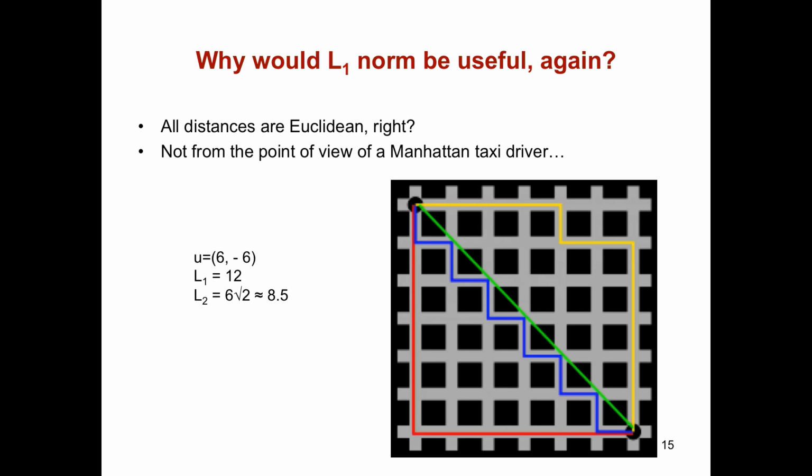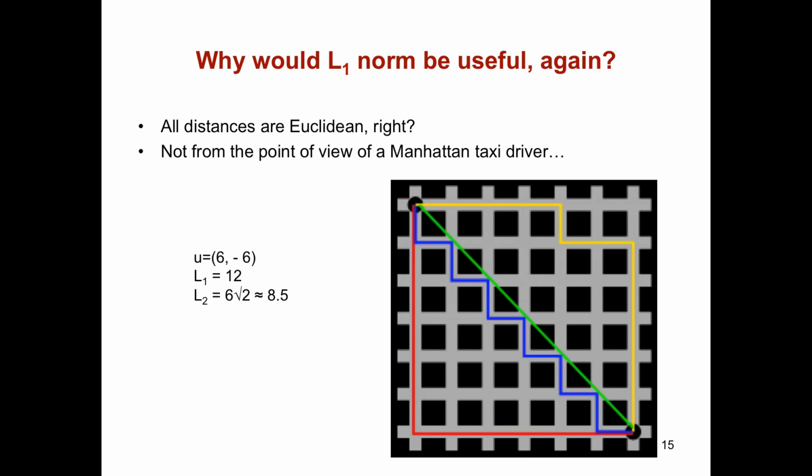Airplane distance means nothing unless you can actually fly, and none of us can. So to come up with distances, you actually have to sum up all of these values. And that basically comes down to the L1 norm, not L2.